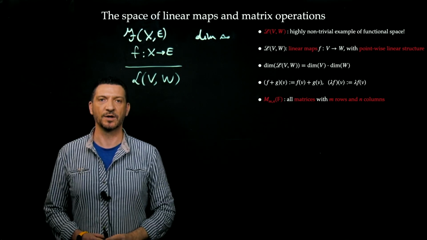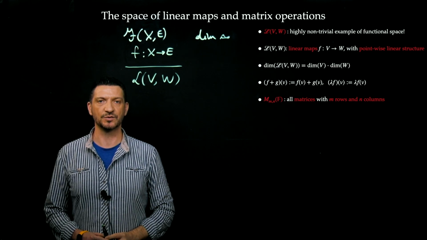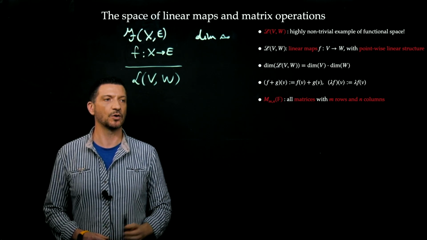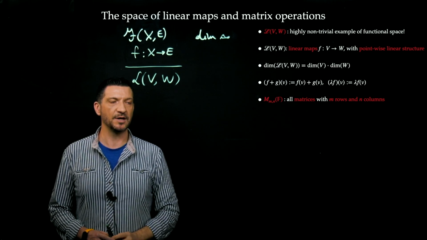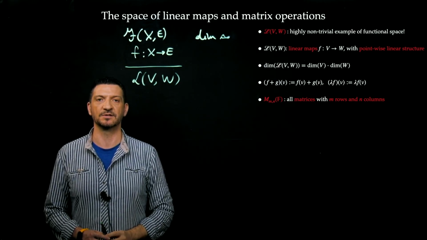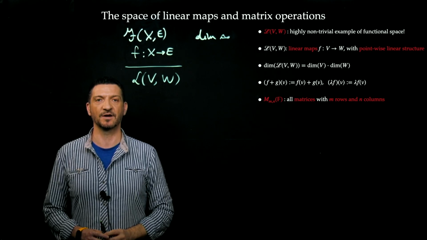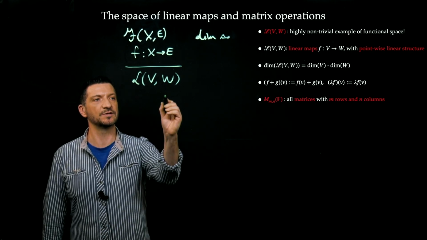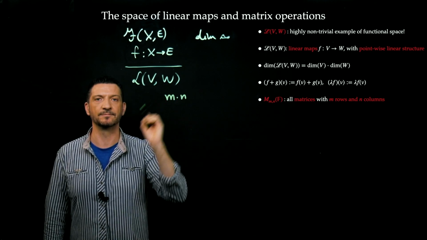Thanks to the fact that we can uniquely associate matrices to linear maps, the set of all matrices with m rows and n columns with coefficients in the field F is also a vector space whose dimension is m times n.